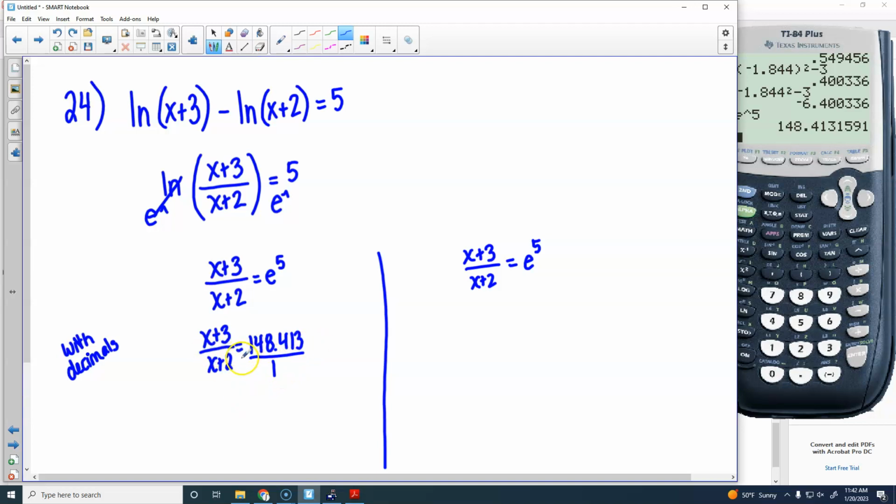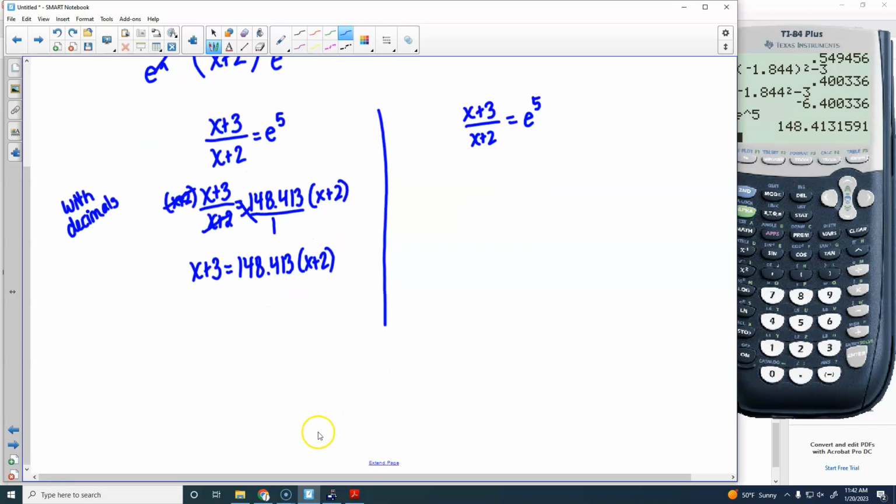So either way you think about it, you can cross multiply, or you could think of doing it like x plus 2 and x plus 2 here. Either way, you're going to end up with x plus 3 equals 148.413 times x plus 2. And then you just need to distribute.